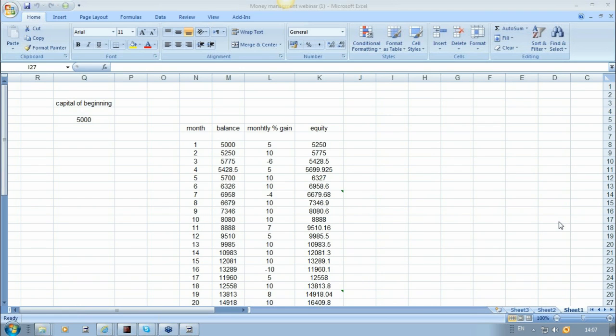Okay, friends, this is an example of classical trading. There are clear advantages with that, and there are clear disadvantages, and I will explain all. First of all, what is that? This is what I call the percent growth account.